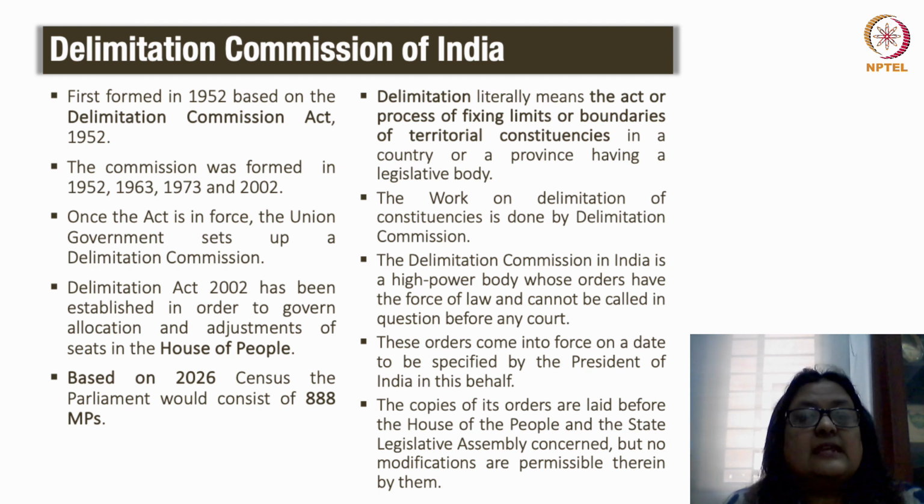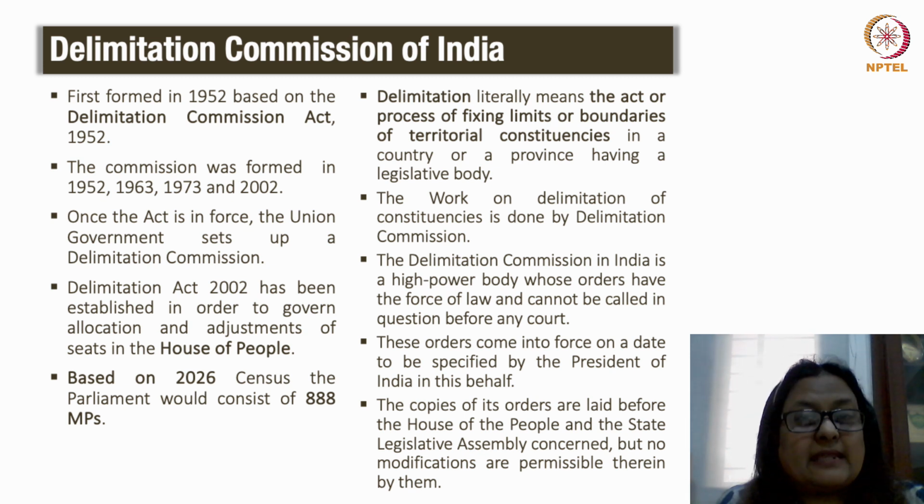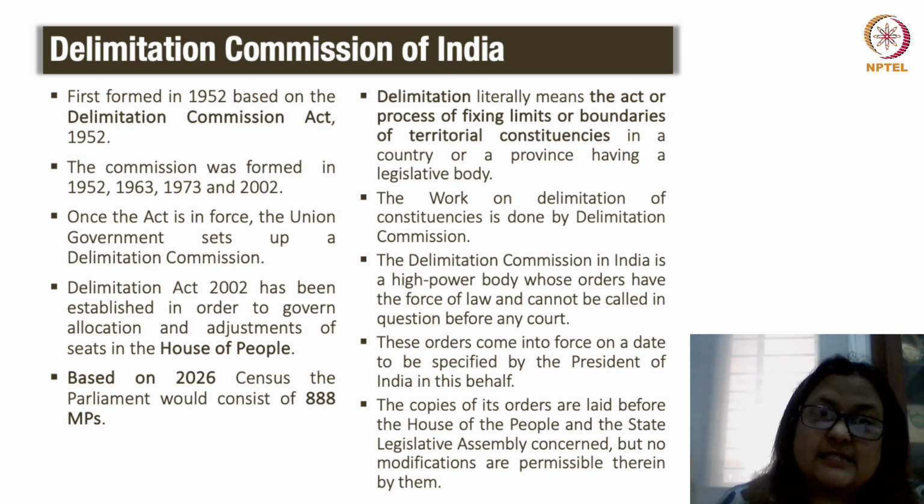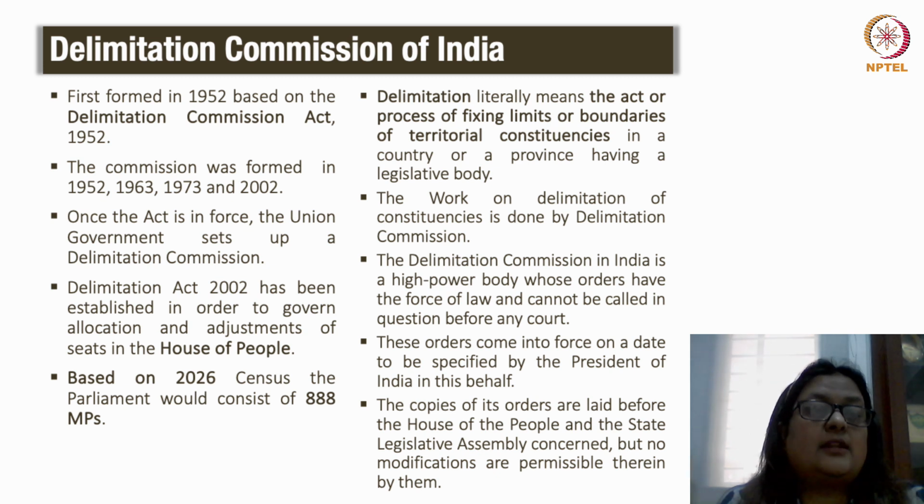The Delimitation Commission has absolute powers in allocating the constituencies. They frame constituencies for the Parliament and for the state legislatures. Once the constituencies have been framed, they can only be tabled in the Parliament and the state legislatures, where no modifications can be made, and they have to be passed as an act.